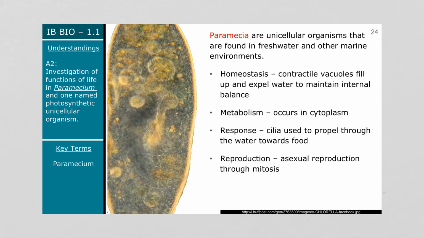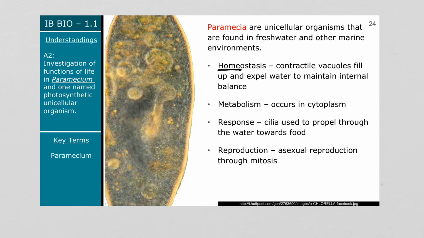Also included in 1.1 is a discussion of the basic functions or qualifications for living things. So let's look at those as they relate to paramecia, which you spend a lot of time looking at in the lab. So one of these functions of life is homeostasis. Homeostasis, the prefix homeo sounds like homo, so that's same, and then stasis is stay. So when you think of homeostasis, what conditions is an organism trying to maintain or keep the same?